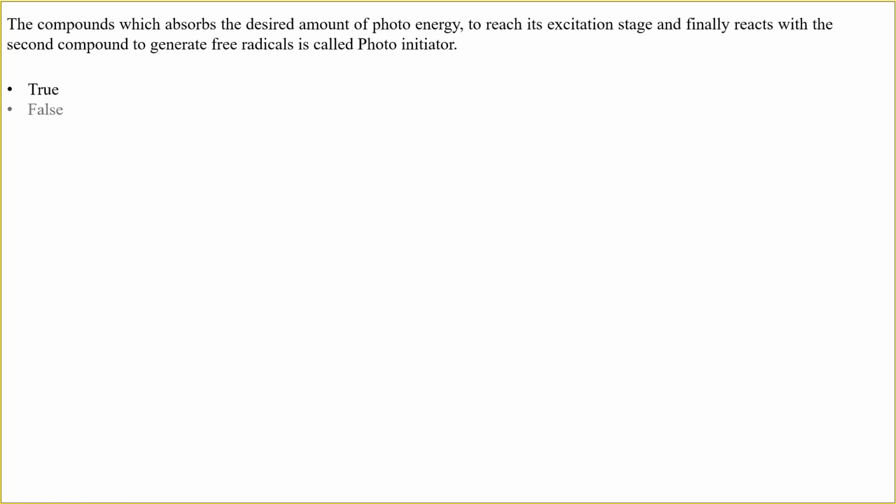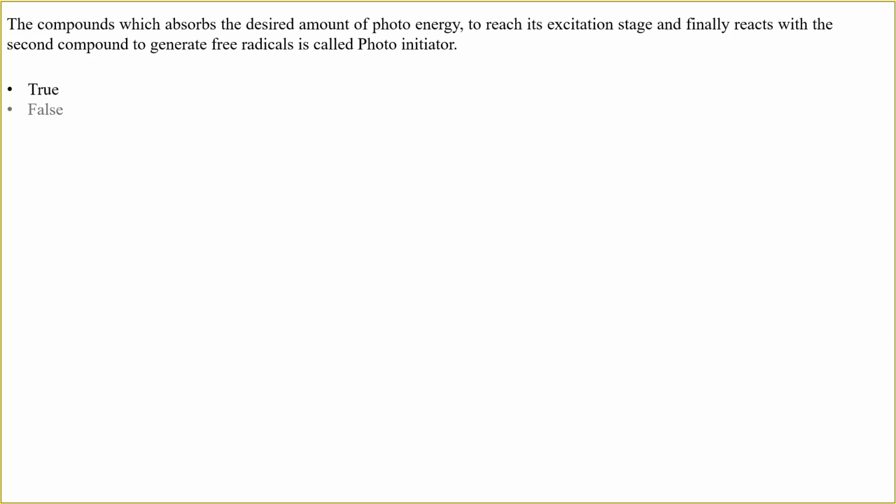The next question: the compounds which absorb the desired amount of photo energy to reach its excitation stage and finally react with the second compound to generate free radicals is called photoinitiation. So this is not correct, because the correct term for this is the compound which absorbs the desired amount of energy and gets excited to generate free radicals is called a photosensitizer.